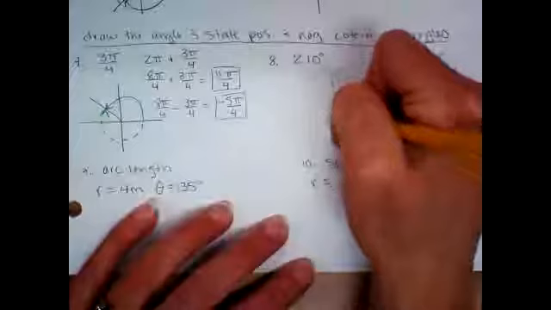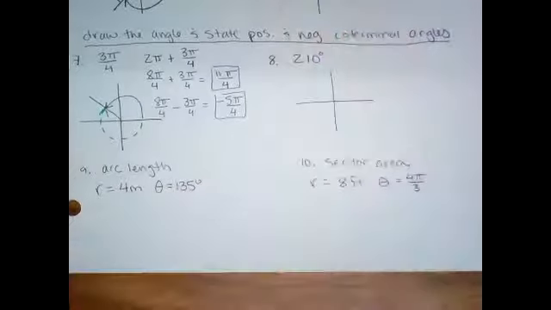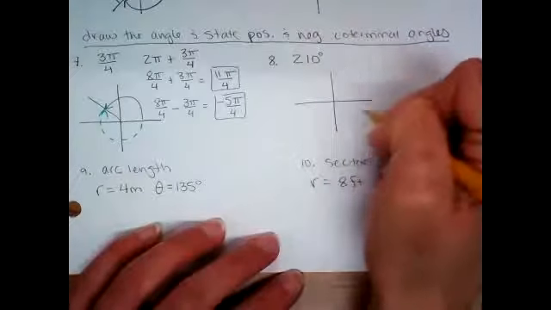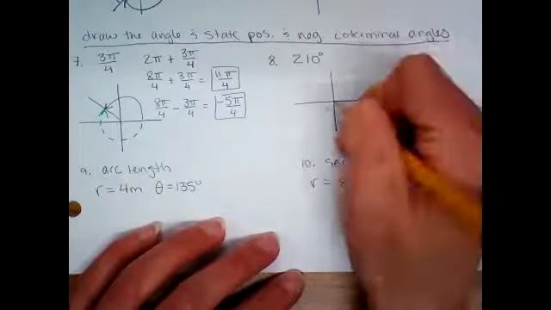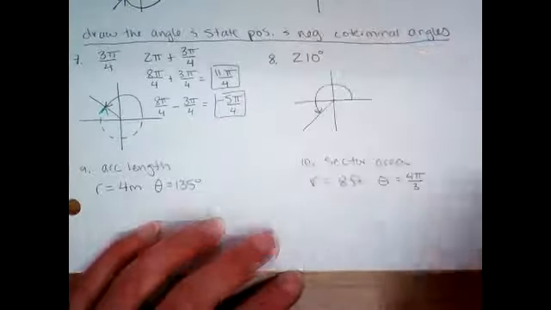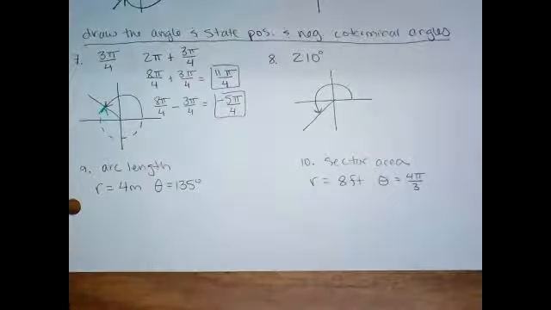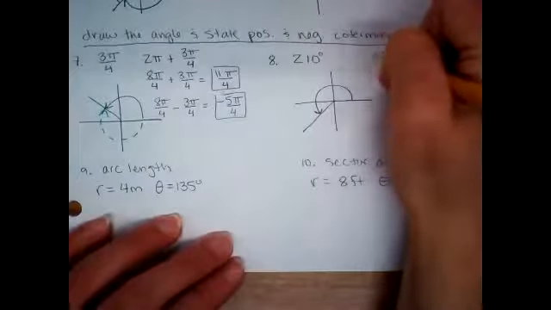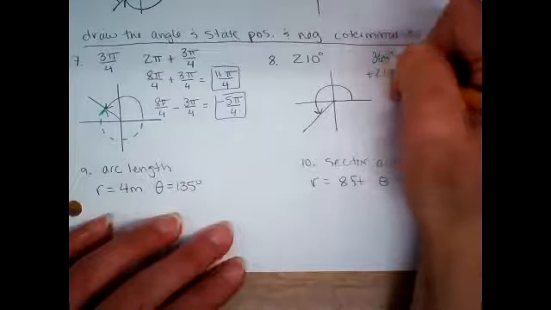What quadrant is 210 degrees in? Which one? 3, good. To get a positive coterminal angle, you're gonna add on 1 rotation. What is the whole way around in degrees? 360, you're gonna do 360 plus 210.